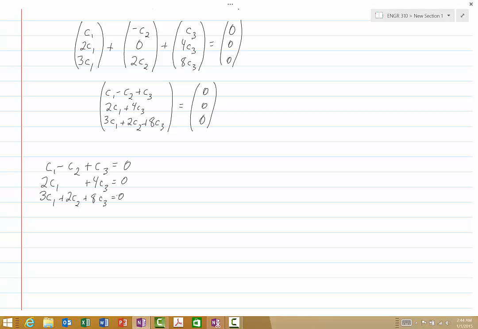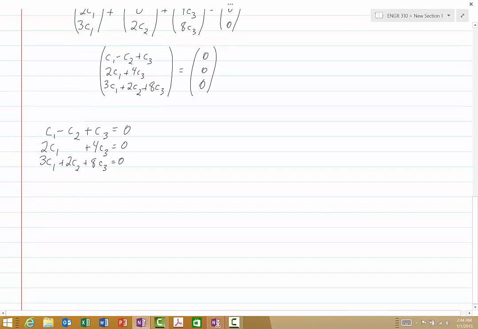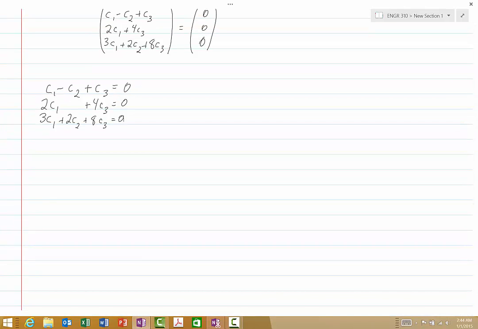Well, we've learned how to use Gaussian elimination to solve a system of equations like that. And so let's try that and see what happens. We're going to form the augmented matrix now, and we'll get 1, negative 1, 1, 0, 2, 0, 4, 0, 3, 2, 8, 0.